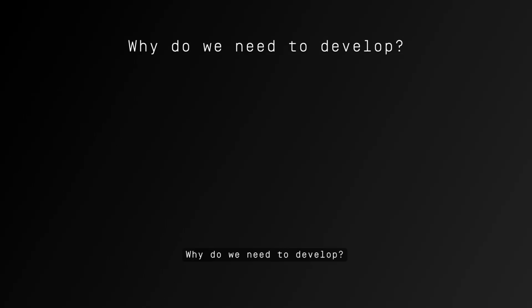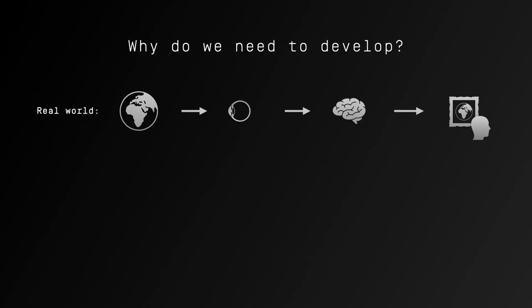Why do we need to develop? Well, it is all about human perception, and how much of a difference there is between perceiving an image and perceiving the real world.